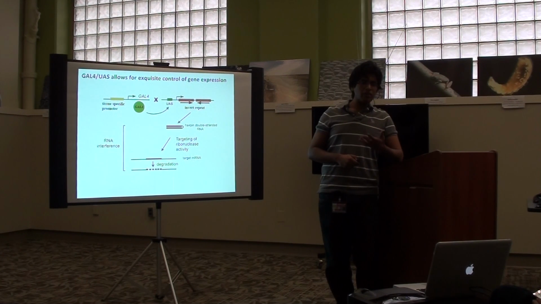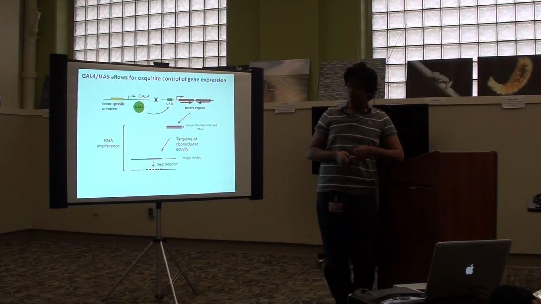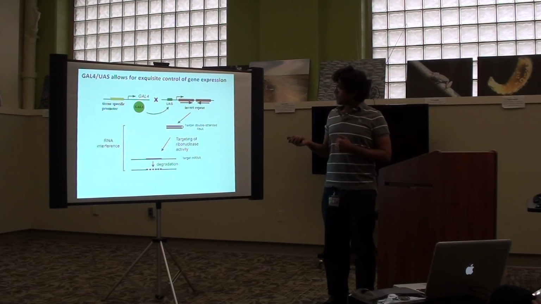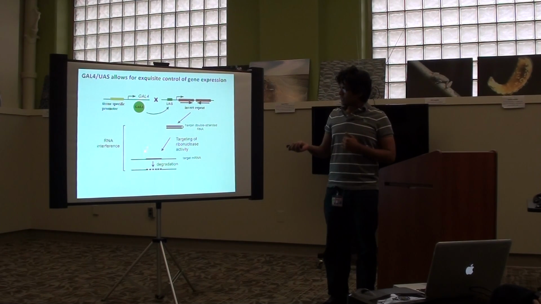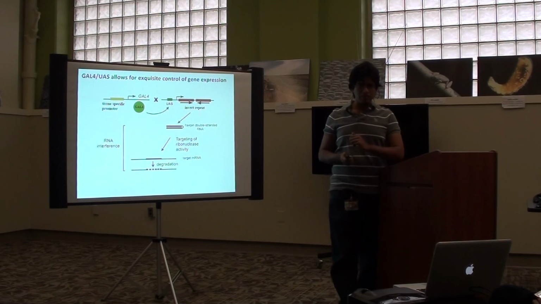We used RNA interference to knock down Daughterless. To study this protein, you need to reduce its expression and see what the effects are, so you degrade the mRNA target. We used a specific Daughterless-targeting RNAi, and it came to about a 60% knockdown.